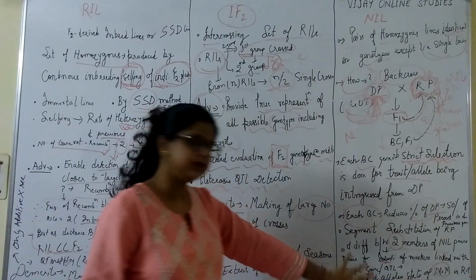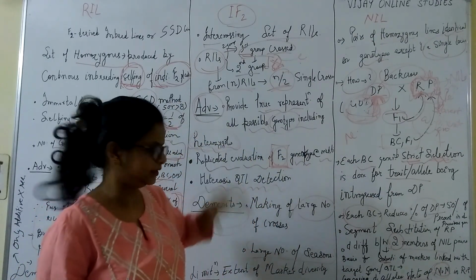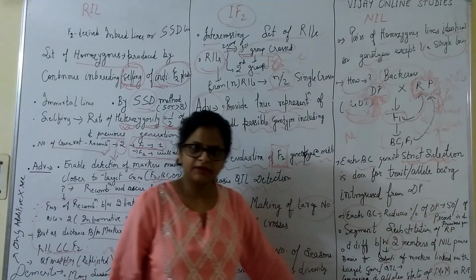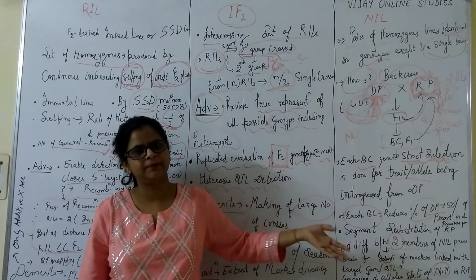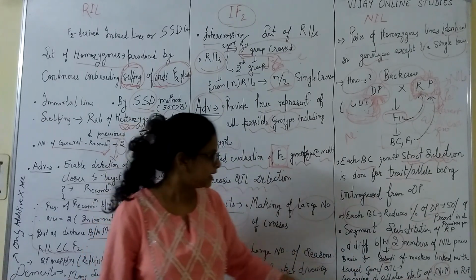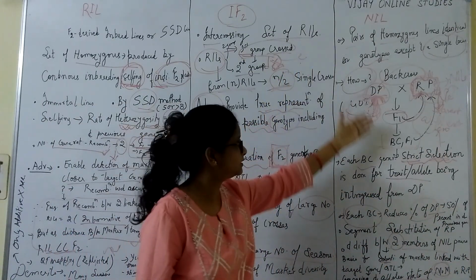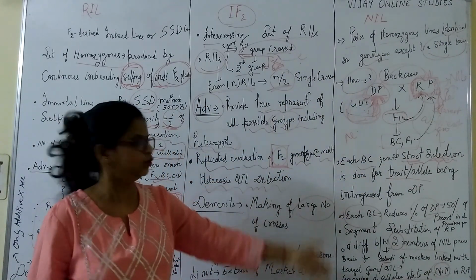This advantage you don't get in other mapping populations like RIL and F2. This is the most important advantage. Others are fine mapping and QTL mapping, because it's a homozygous line. And then marker assisted backcrossing also, because marker assisted backcrossing is based on this scheme only.